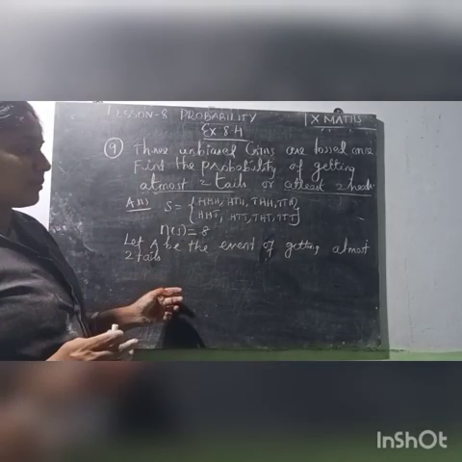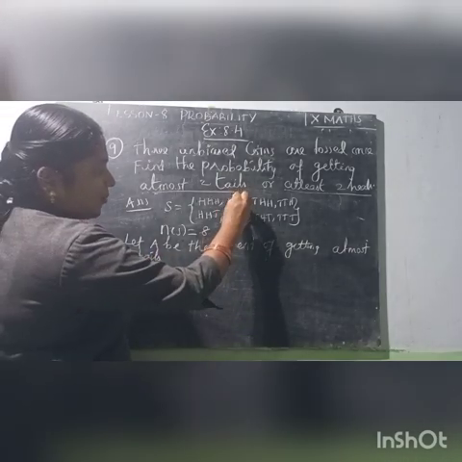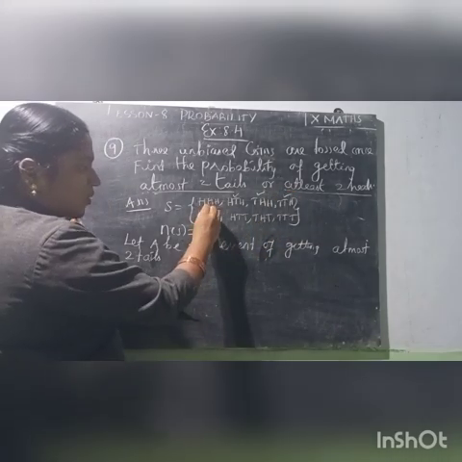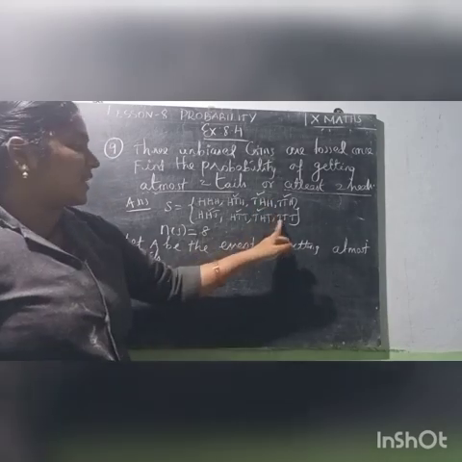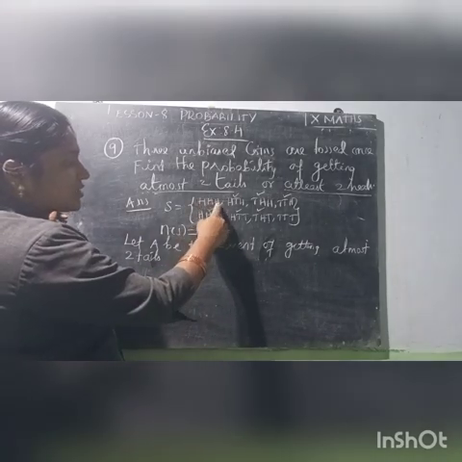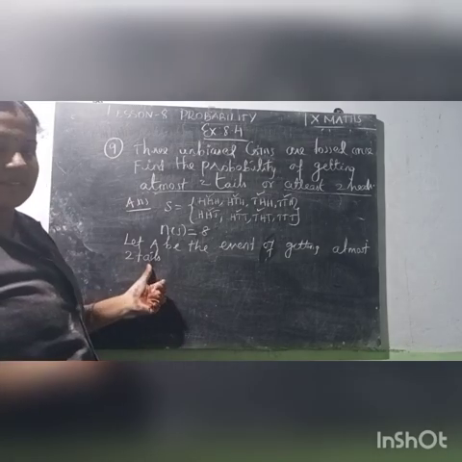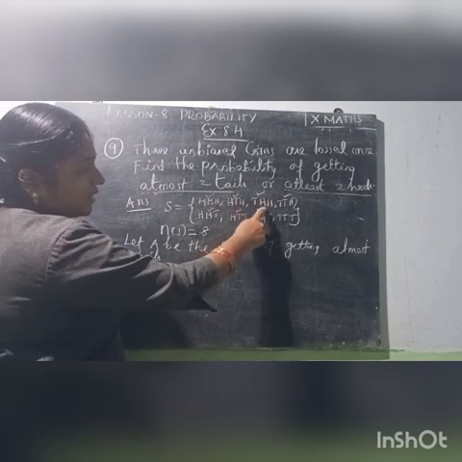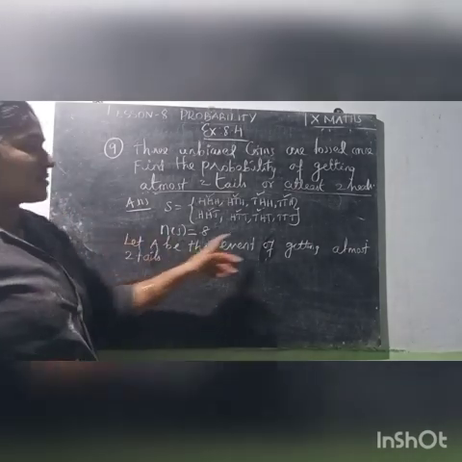So maximum 2 tails means 2 or less than 2 tails we can take. 3 tails is not possible. So if there is no tail, that is also possible. It should not cross 2 tails. So no tail, 1 tail, 2 tails are possible, except these 3 tails.